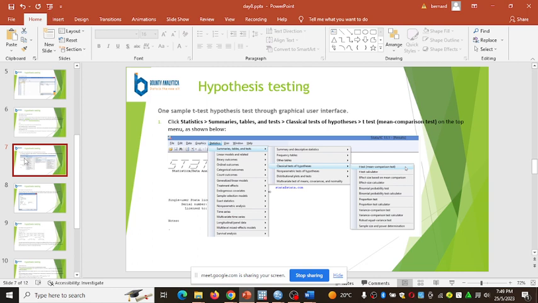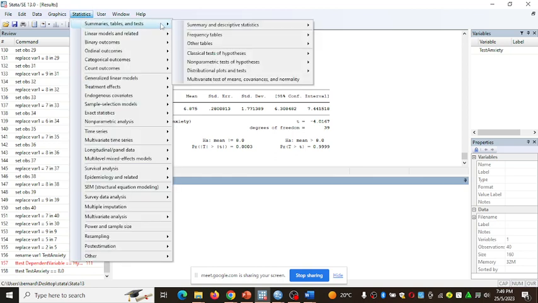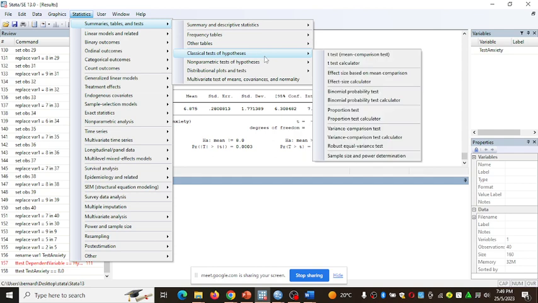You just click on statistics, then summary tables and tests, then go to classical tests of hypothesis, then click on t-test, mean comparison test. Click on that.